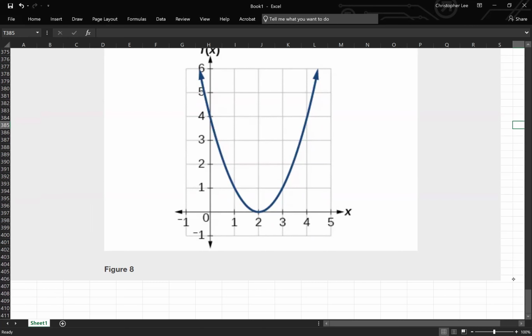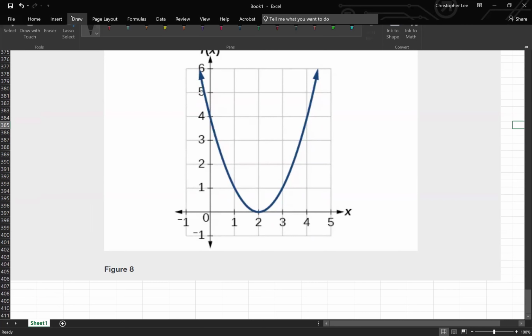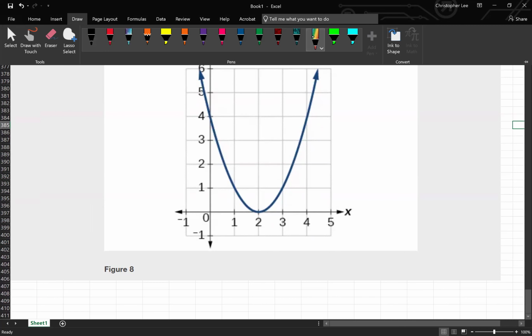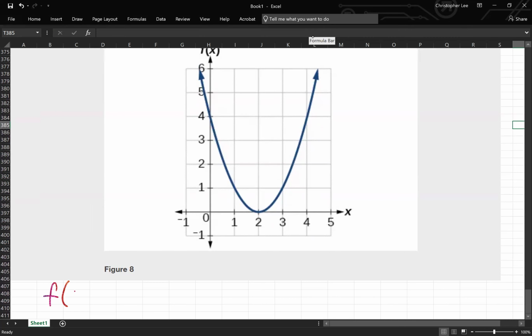Let me change the color. I'm going to get fancy now, I'm going to go rainbow. That's the original function, the one that looks like this.